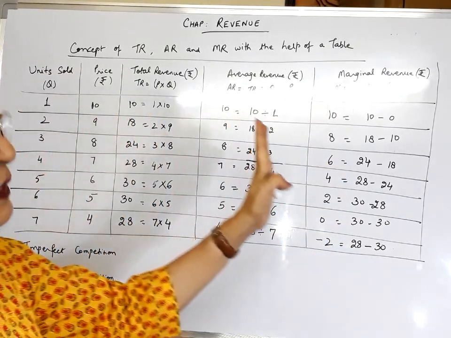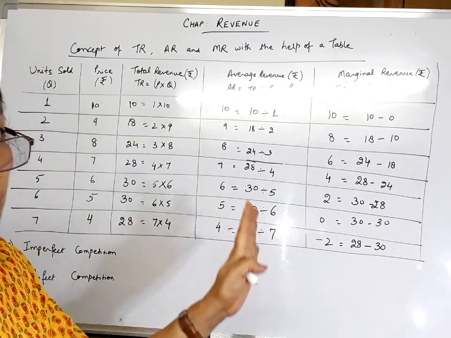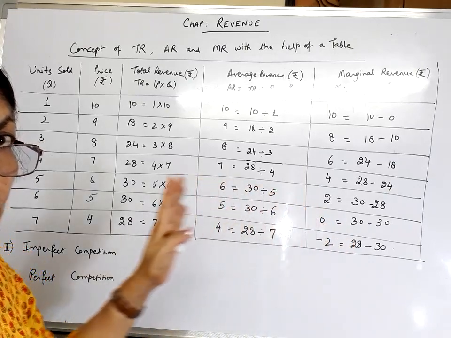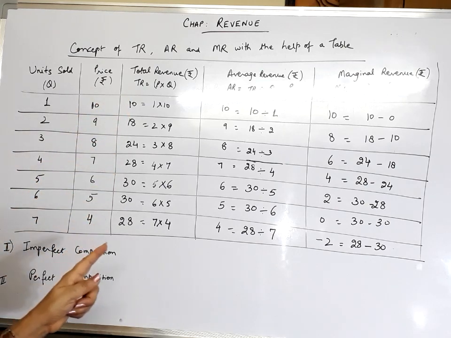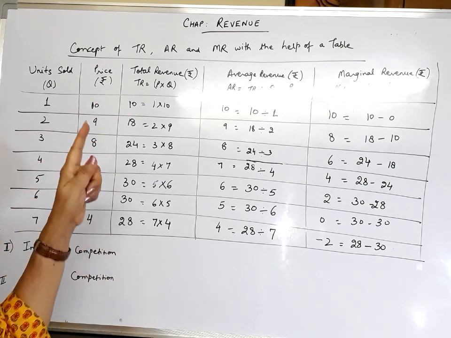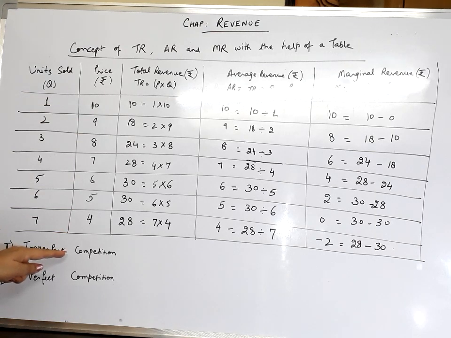And we will be studying the calculation of total revenue, average revenue and marginal revenue under two markets. One is called imperfect competition. This example is a case of imperfect competition because as you are increasing your output, you have to reduce the price to sell more.